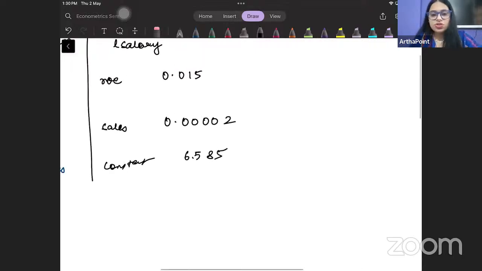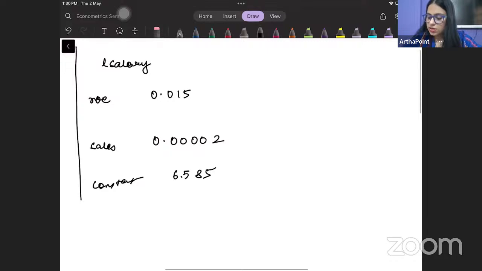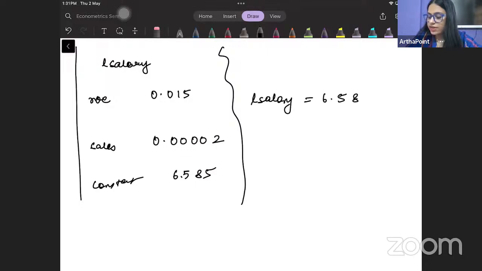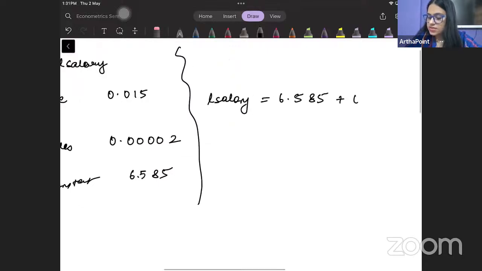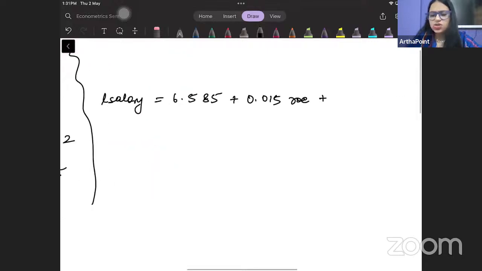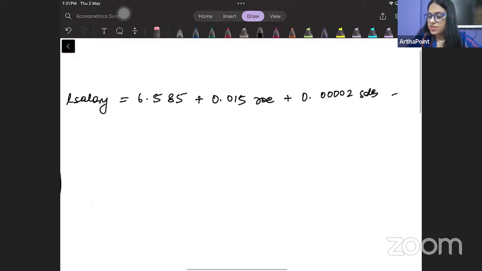So now let me just try to go ahead and explain this, beta. So we are saying that log salary is equal to 6.585 plus 0.015 ROE plus this so small coefficient 0.00002 sales plus UI. अब अगर I need to interpret this coefficient, beta, so what will be the implication of this coefficient?